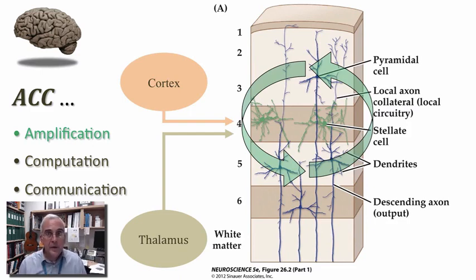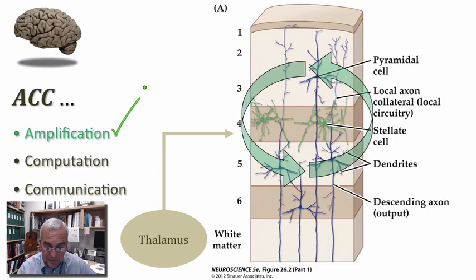Well, this now becomes an important distinction between the organization of, let's say, a primary sensory cortex and the associational cortex. For the primary sensory cortex, the predominant source of input is from the thalamus. So when we talk about amplification, we are mainly talking about amplification of input signals derived from the relevant thalamic nucleus.